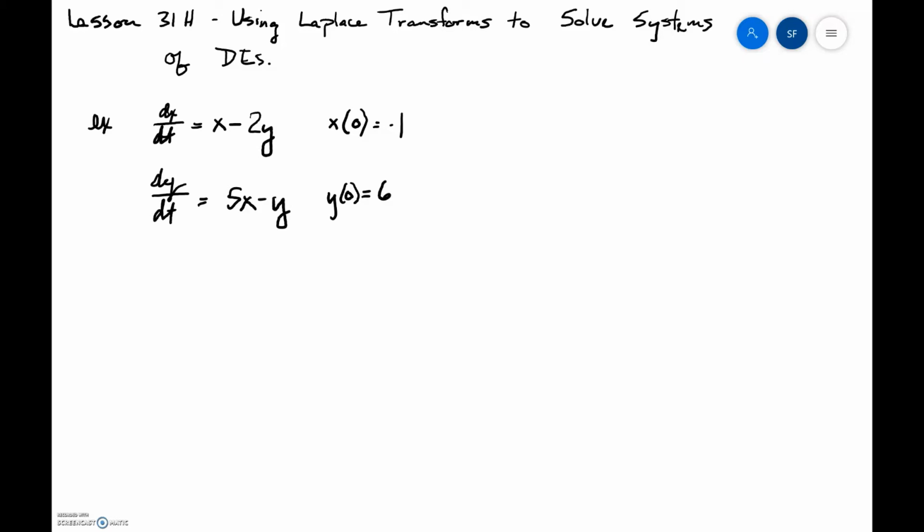If we do that, then this one becomes s capital X of s minus x of 0 equals capital X of s minus 2 capital Y of s.